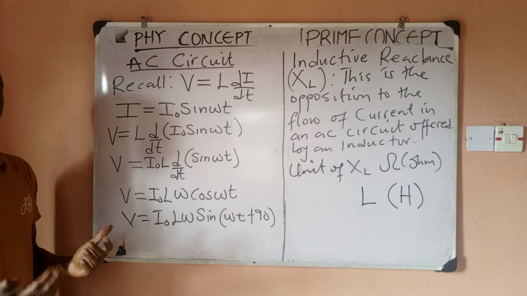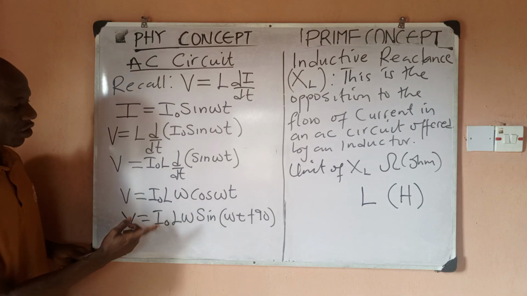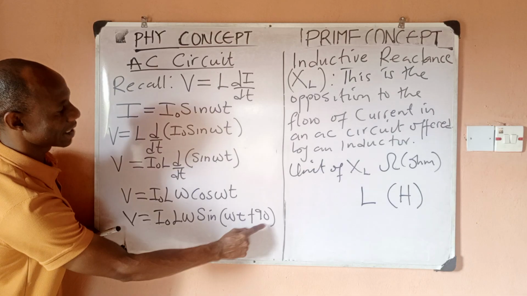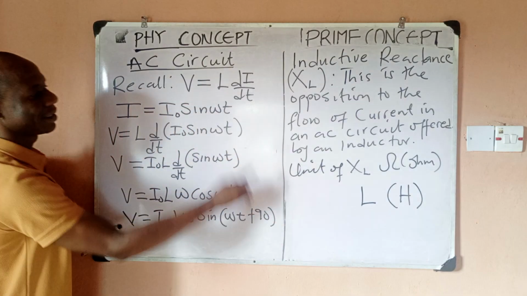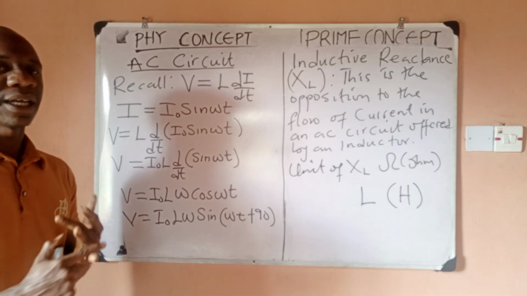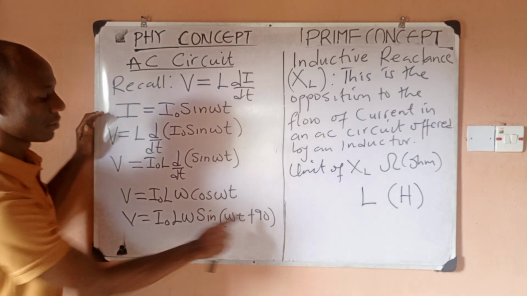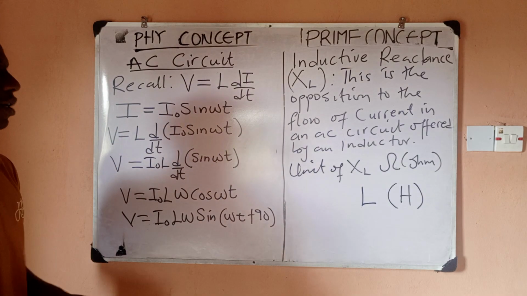If you use your compound angle relation, you see that it's the same. So this relationship tells you that voltage is ahead of current by a phase angle of 90 degrees, and that is what we mentioned earlier: for a purely inductive circuit, the voltage leads current by a phase angle of 90 degrees. But this is not where we are going.